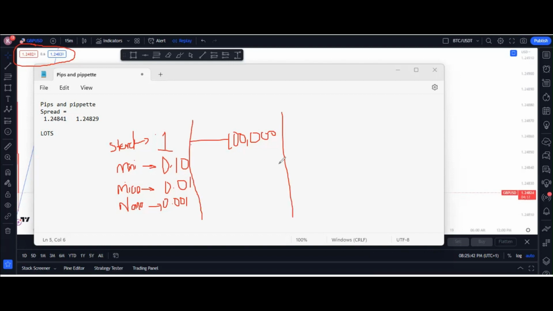Your pip movement will be one lot, and one lot will give you $10 per pip movement.